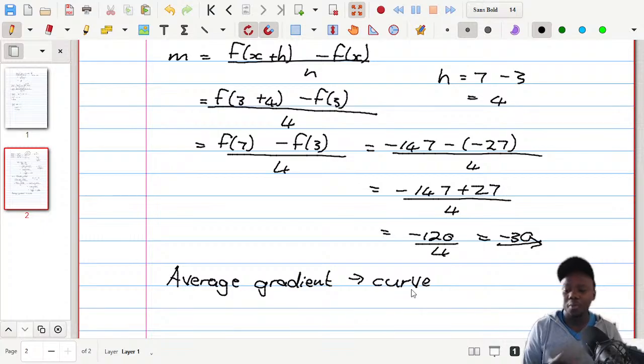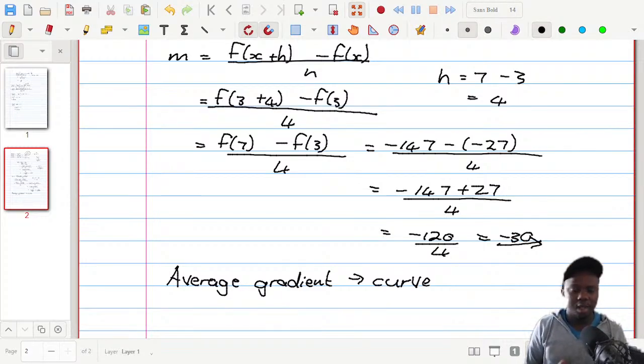And that's true, the formulas are exactly the same. But just remember that if it's average gradient, if it's for a curve, the gradient will be different depending on which points you are using on the specific curve. If it's a straight line, you can choose any 2 points and your answer will still be the same, irrespective of which points it is that you choose.